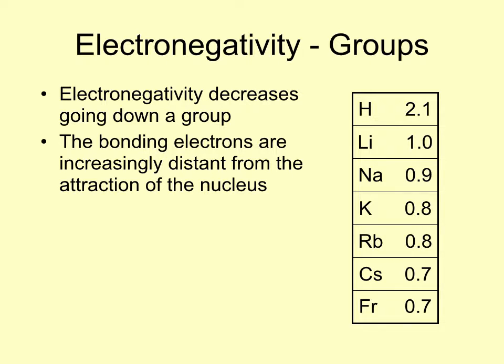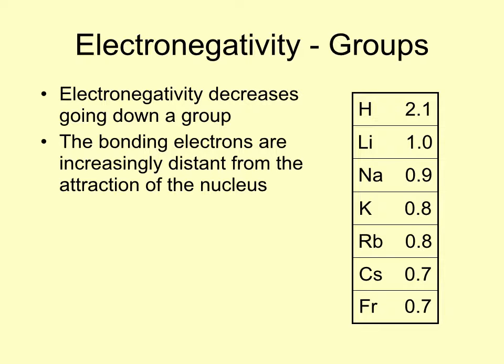For groups, electronegativity will decrease as you move down. The bonding electrons are farther away from the nucleus the more you move down the periodic table. The increased number of energy levels increases the distance over which the nucleus must pull, therefore it reduces the attraction for those electrons.